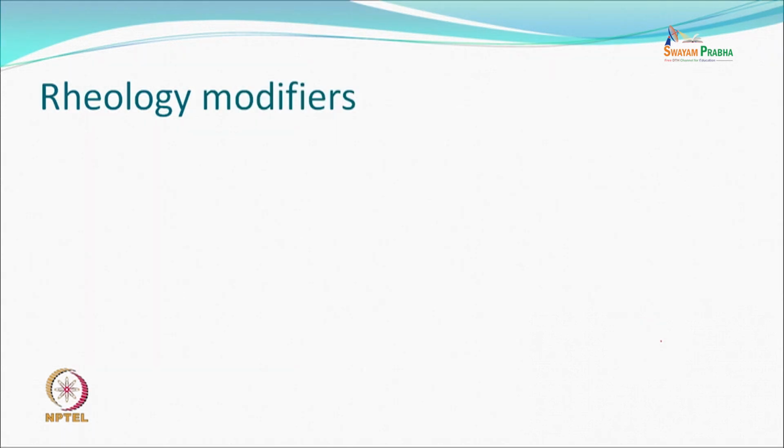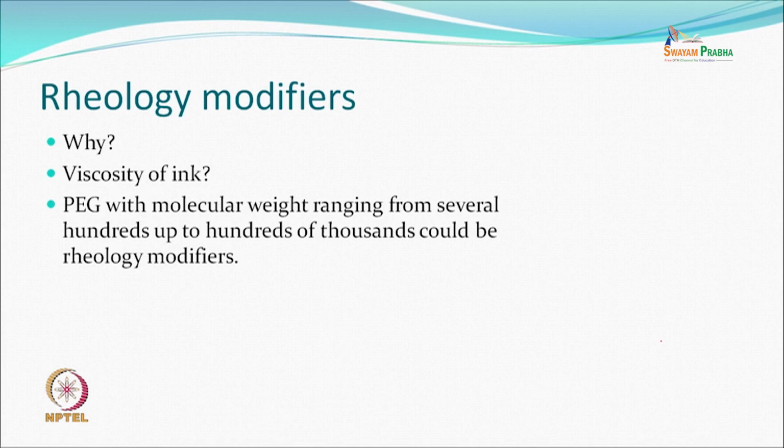So, we just talked about some polymers being added. These are also called rheology modifiers. We just understood why it would be needed. Maybe this would help us to reduce the satellite drop formation. Viscosity of the ink will change a bit, of course, but not so much, just a little bit. Small little changes will take place. Some of the materials which can be used as rheology modifiers are like polyethylene glycol.